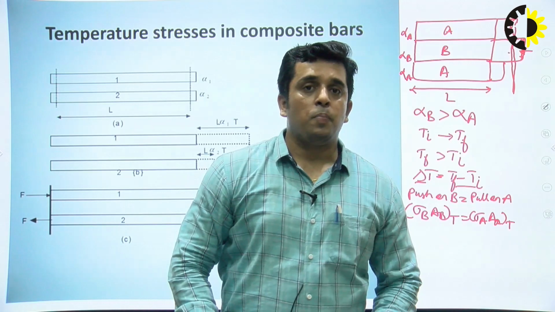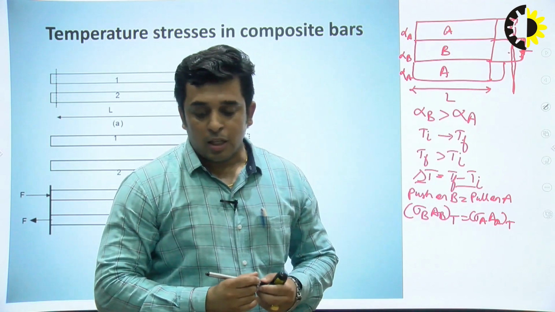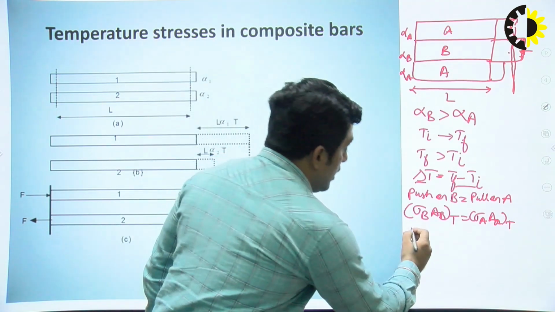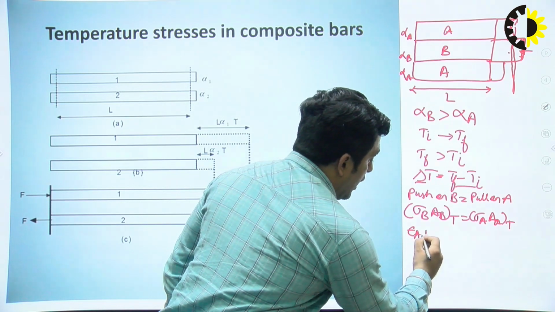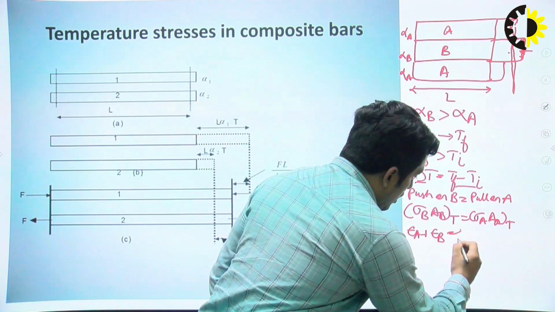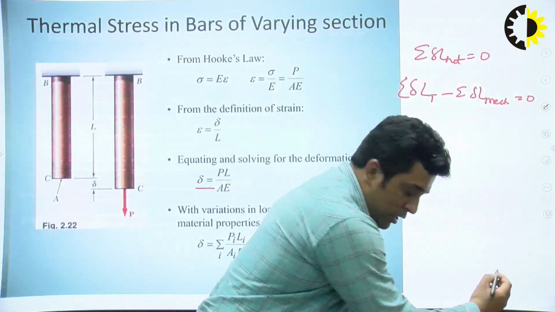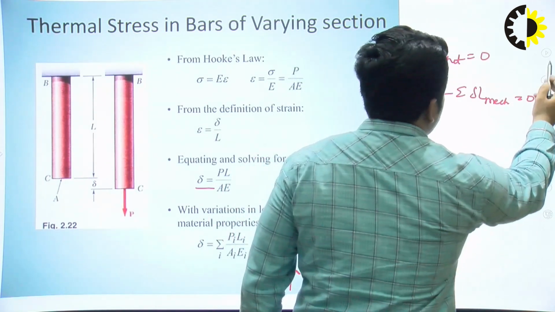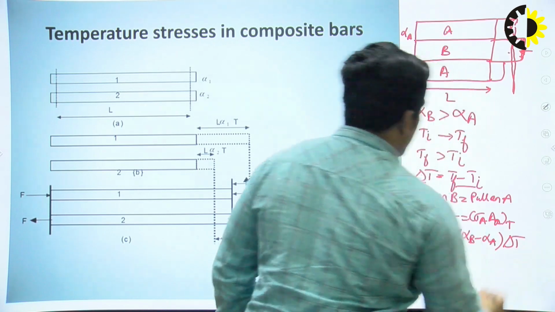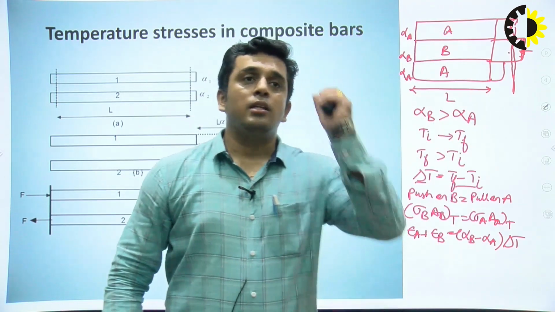And finally, the compatibility equation which you are going to use for the problem is epsilon A plus epsilon B equal to alpha B minus alpha A into delta T. So these two equations you are going to use whenever there are members in parallel.